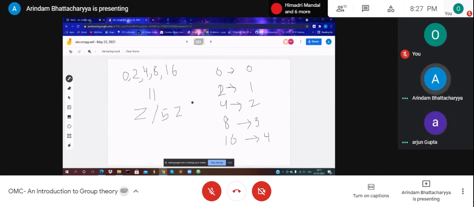So basically, a cyclic group is a group in which we can write any element in terms of strings of a generator. Not the identity. Strings of the identity is the identity only, right?